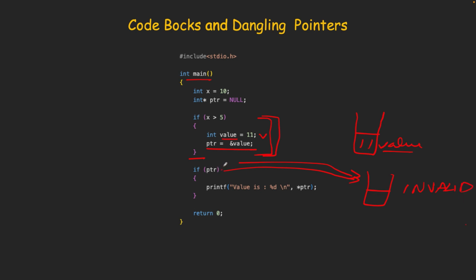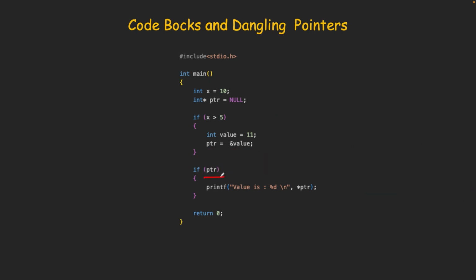Therefore, the pointer ptr, which stores the address of the memory location from the stack of this block, becomes a dangling pointer because the memory is now invalid. If you try to access anything using this pointer, it can result in unexpected behavior.